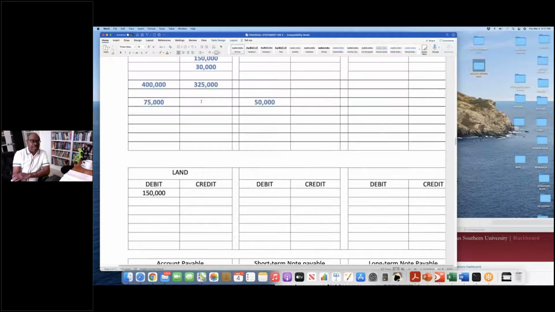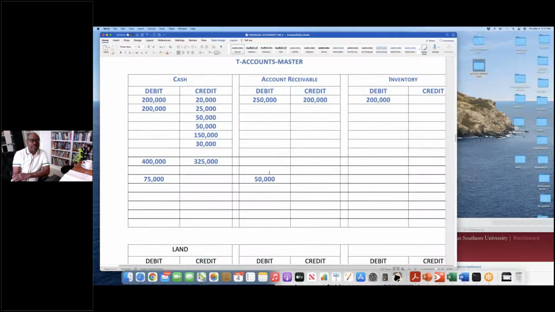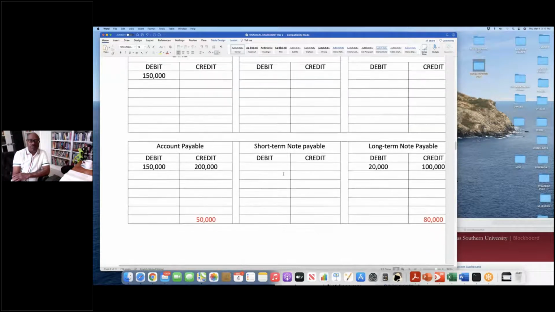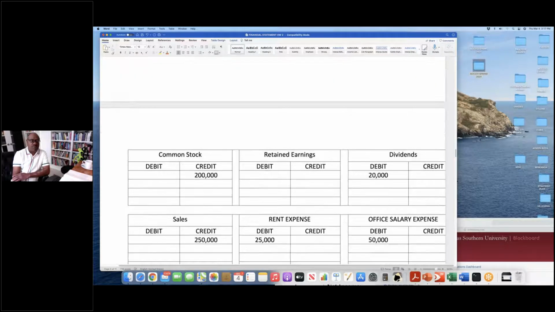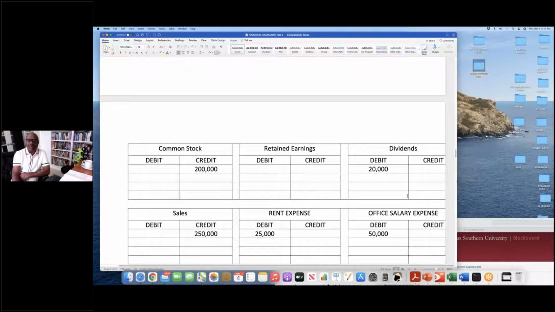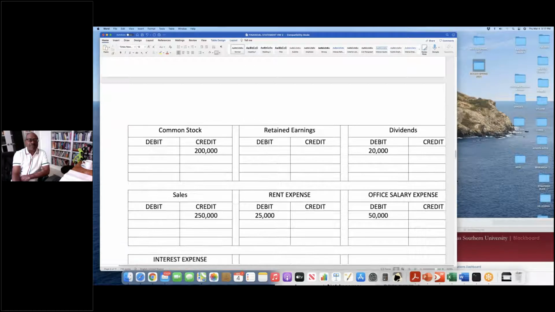Any questions about what we're doing? All we're doing is getting the balance in the accounts and transferring them over. Any questions by anyone? Everybody can do this.